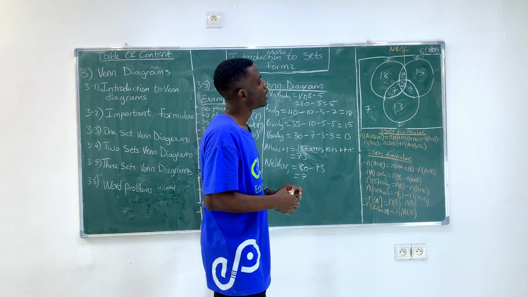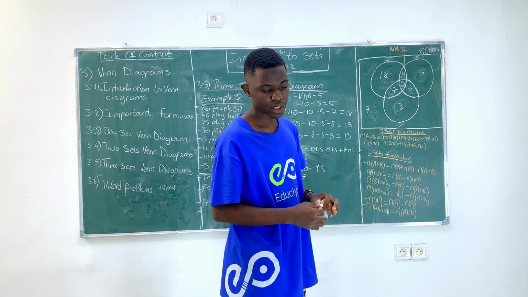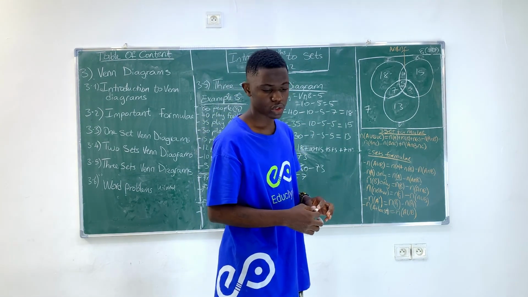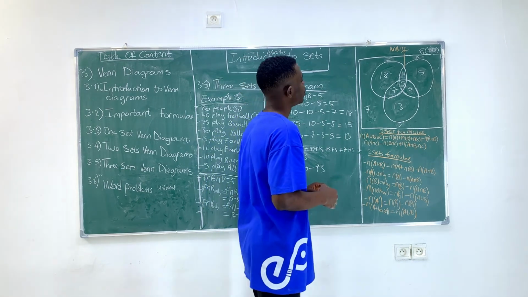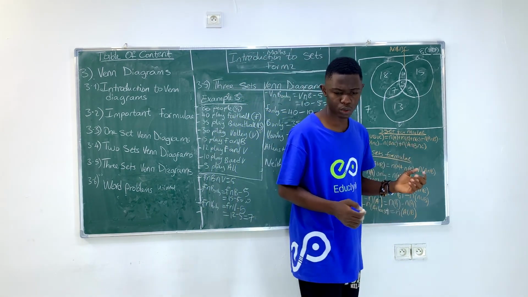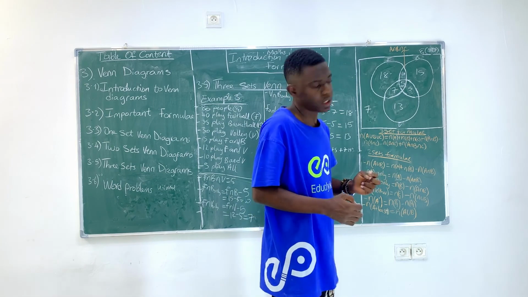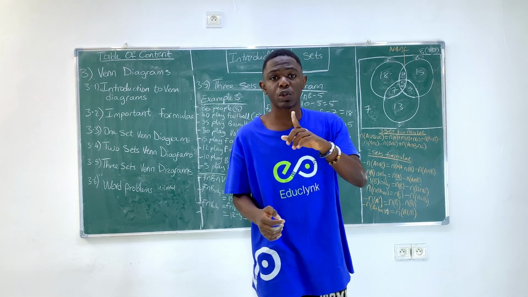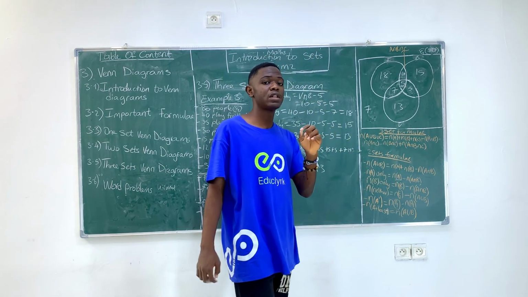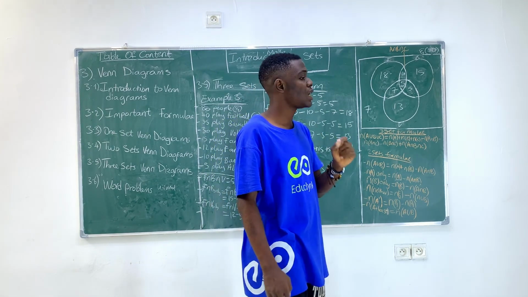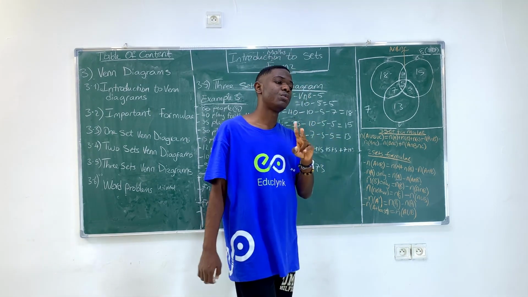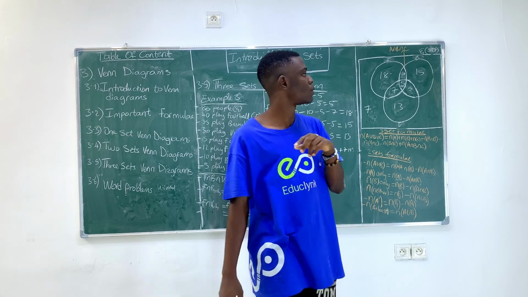Then the C part says the number of students that play at least 2 sports. Yes. The number of students that play at least 2 sports. It is not the number of students that play just 2 sports. When they say at least 2, it means 2 and 3 also. 3 is possible.